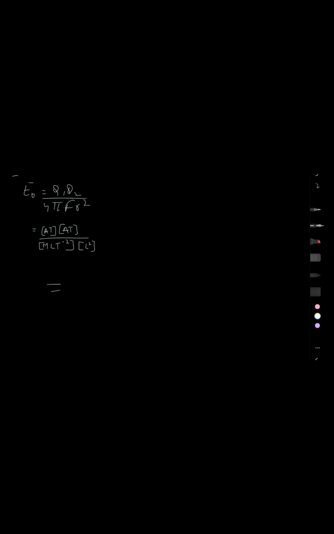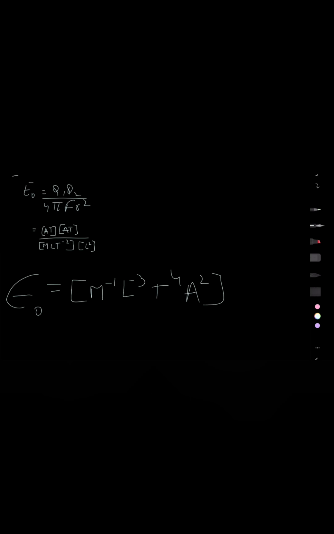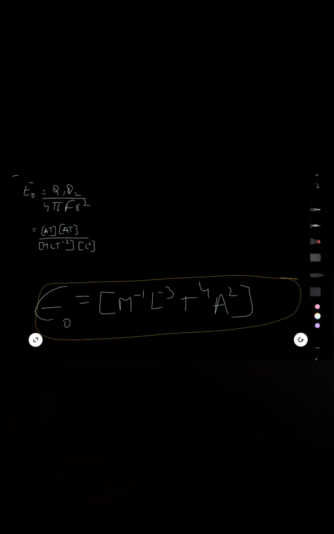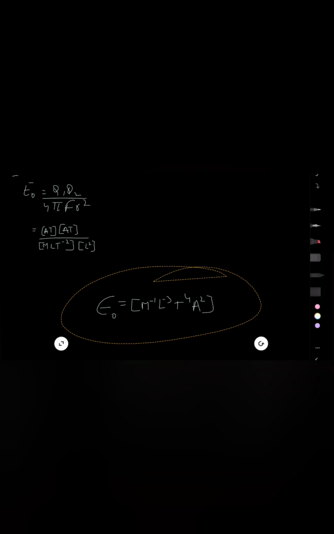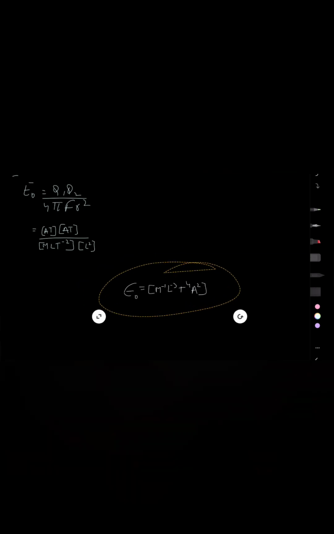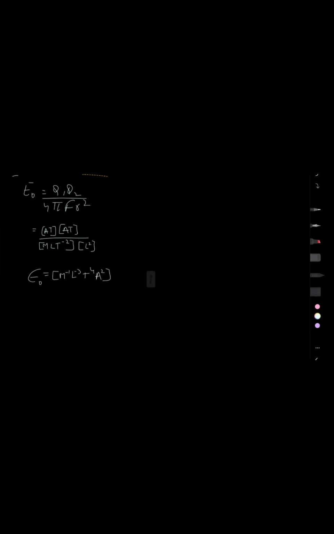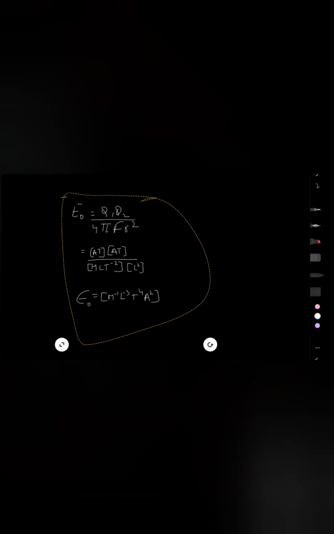By further simplification, I'll get M to the power of minus 1, L to the power of minus 3, T to the power of 4, A square as the dimension of epsilon naught. Very, very important to remember. They may ask us to derive it.